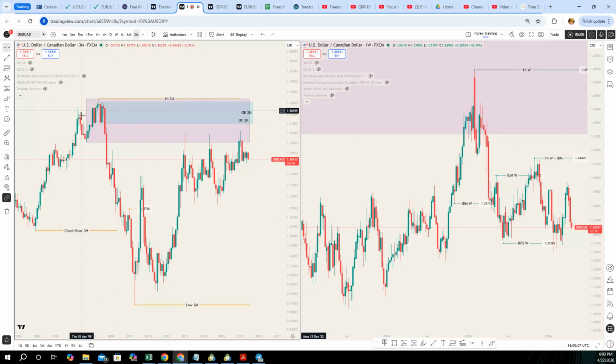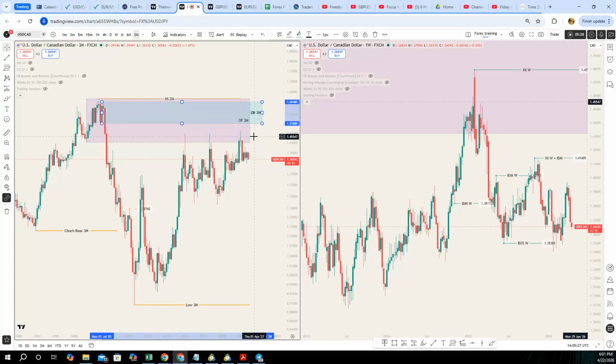So I went to the extreme level. This is the order flow that was not mitigated before the inducement was hit, so it was mitigated afterwards. The order block was not hit, so maybe in the future it will cause a reaction.